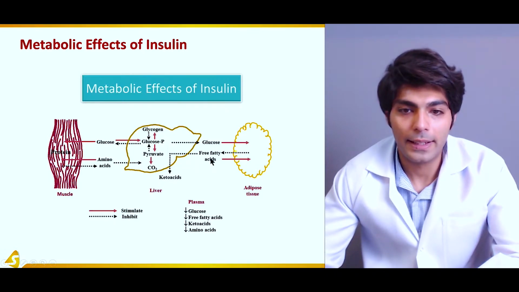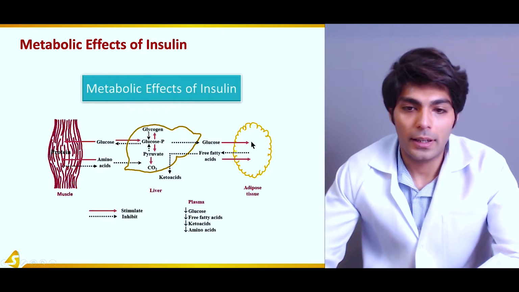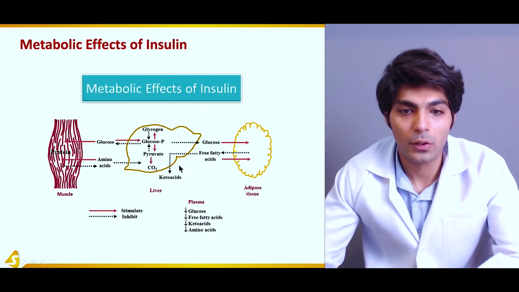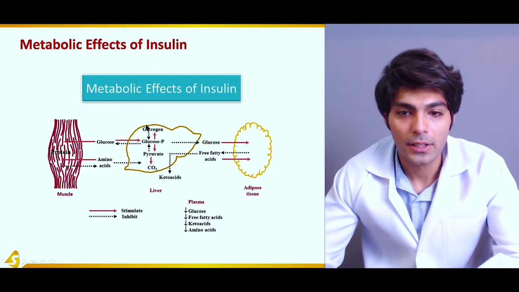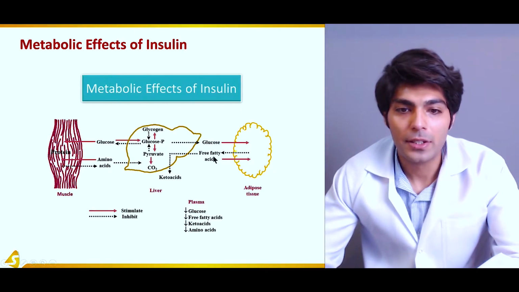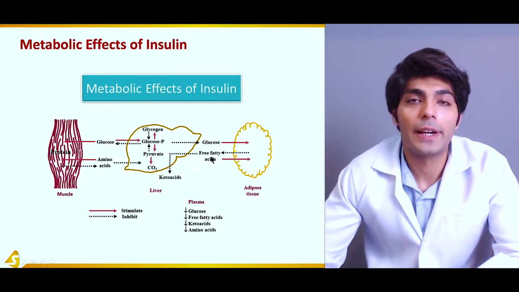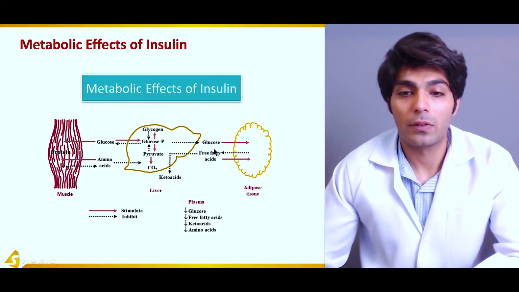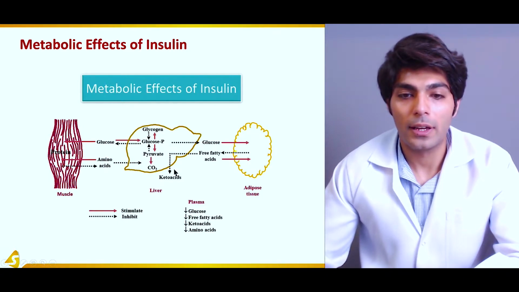In the same way, the fatty acids that are formed in the adipose tissue with the help of alpha glycerol, it prevents the oxidation, the further acidification occurs, and keto acids are formed in the liver. Insulin inhibits the oxidation of the fatty acids to form the keto acids.